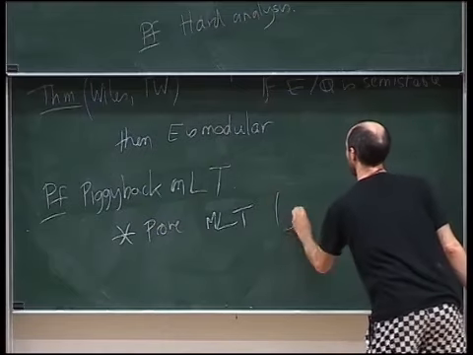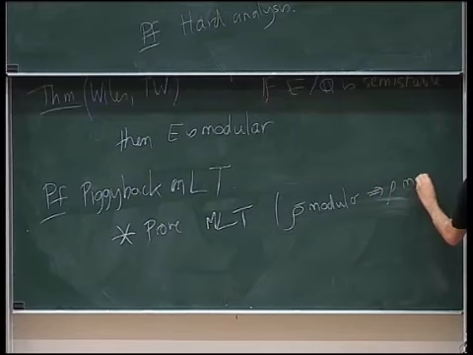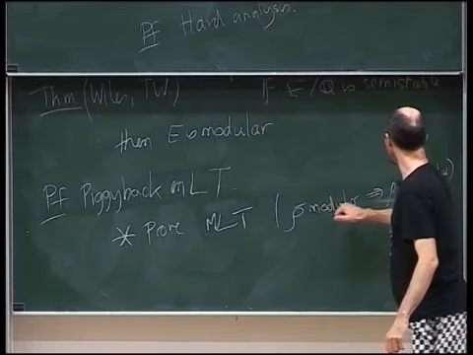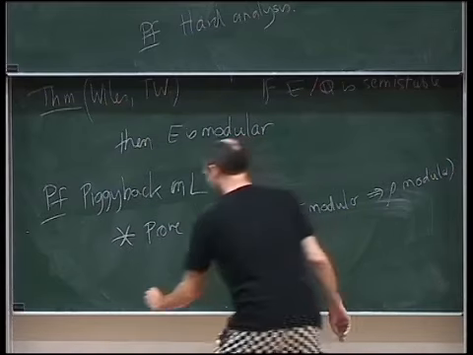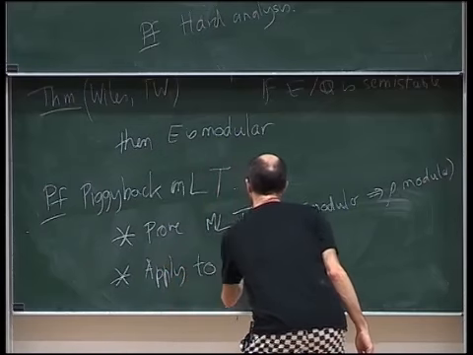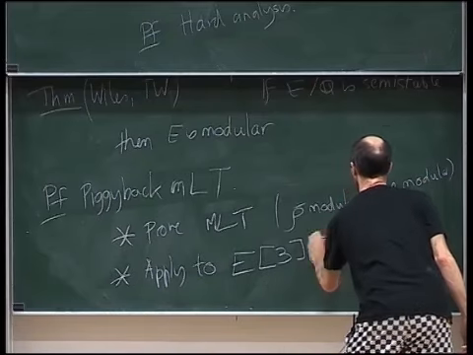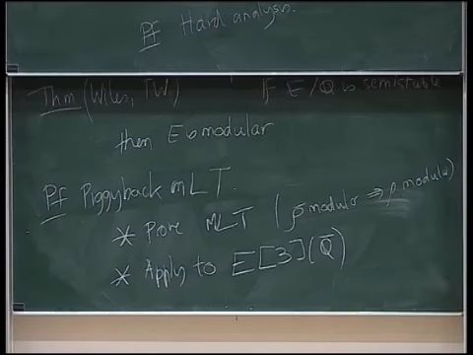So rho bar modular implies rho modular. Of course here rho is going to be the dual of the Tate module, and rho bar is going to be the dual of the p-torsion for some p. Secondly, you apply it to E[3] over Q bar, because GL2 of F3 is coincidentally a solvable group.